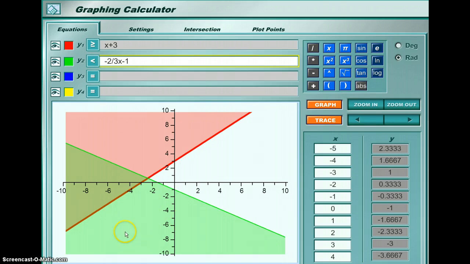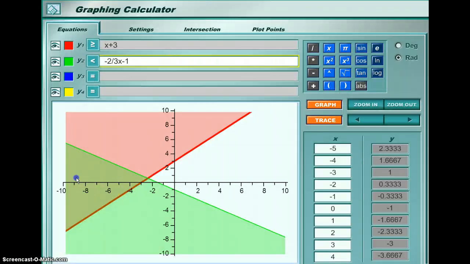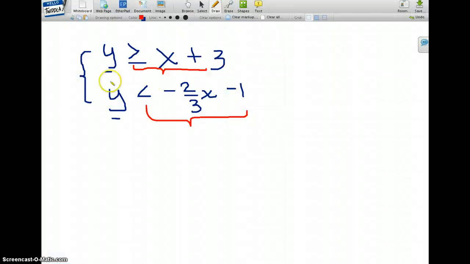The only place where the two shaded parts overlap is in this region right here. So the solution of the system of linear inequalities is located right here, and that means that any point in this region will work in this system of linear inequalities.